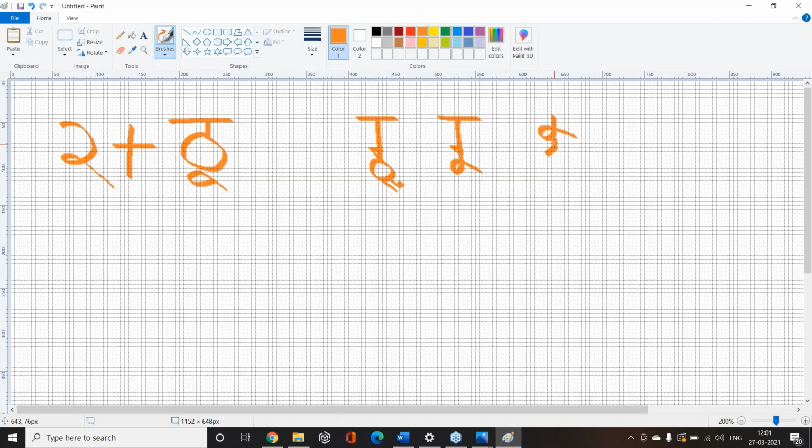With t and th, when you have to write any matras along with it, it will be written like this. This combination is only written when you don't have any matra attached to it, for example when you have a, then you can write it that way. This won't have any matras to it.